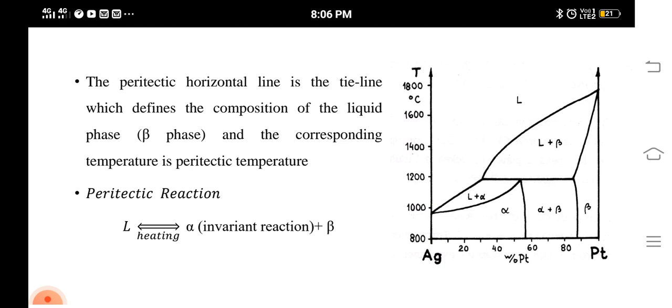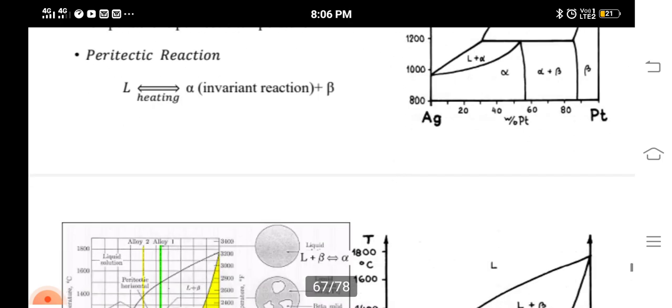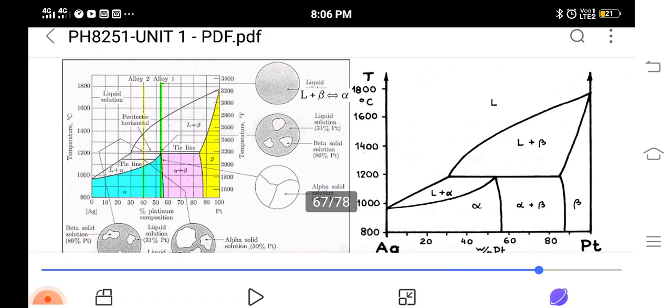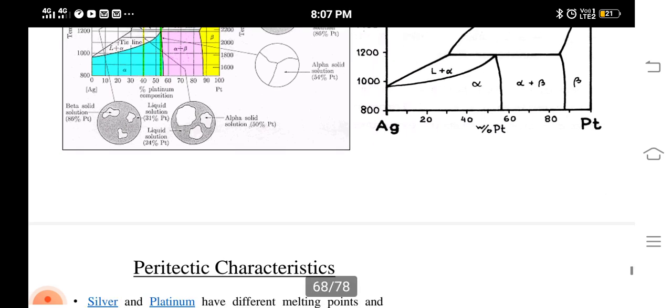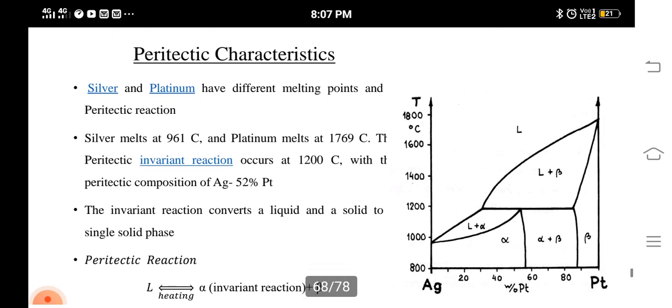Here we have the solidus, liquidus and solvus states. Here we can see the microstructure of the silver-platinum peritectic phase diagram. So now we will see the characteristics of the peritectic phase diagram.